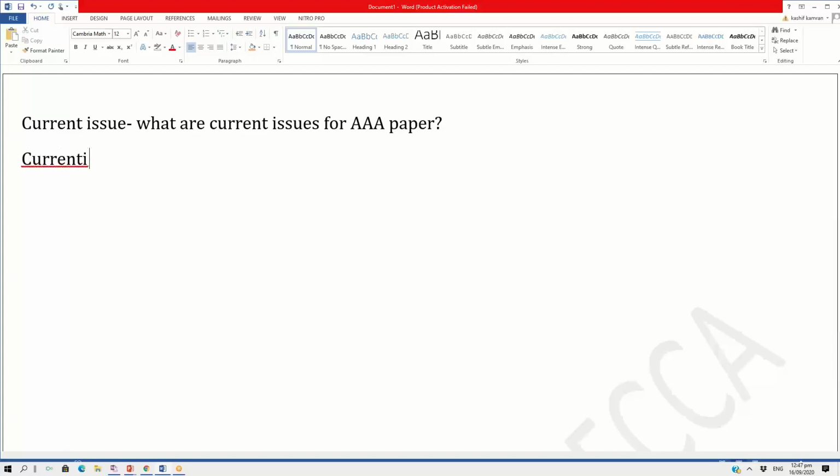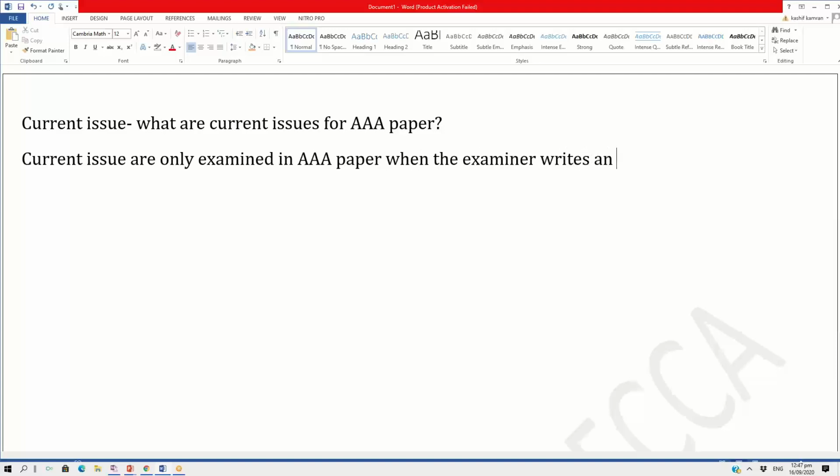Current issues are only examined in the AAA paper when the examiner writes an article on a current issue.